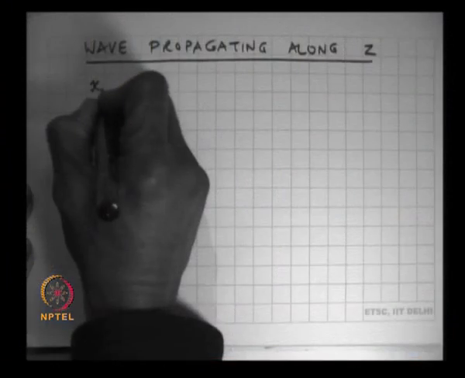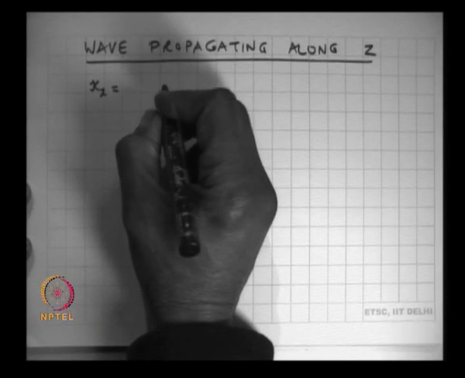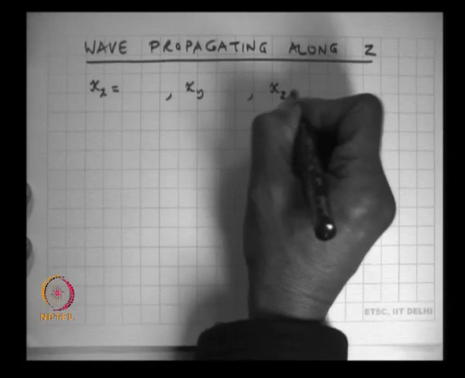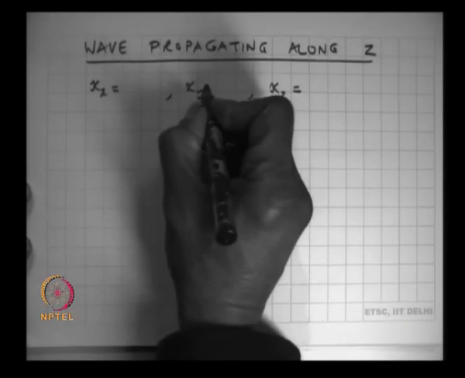When I say z, it is the z direction of the principal axis of the crystal. Okay. So, if I have a wave propagating along z, what is the value of kappa x and kappa y and kappa z? So, what should be kappa x?